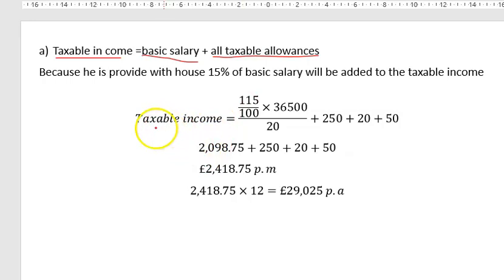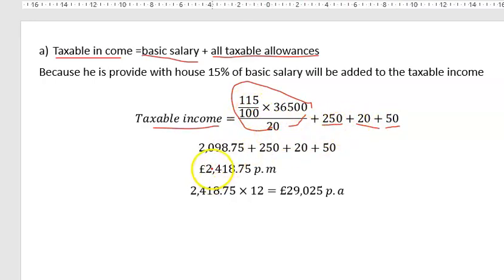So for us to calculate this particular taxable income, therefore, we are going to have 115 over 100 times 36,500 divided by 20. I'm trying to change this one into dollars because the other allowances are in terms of dollars. So 115 because he is actually provided with a house.